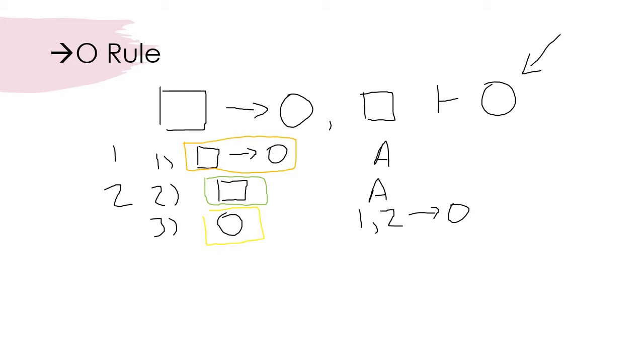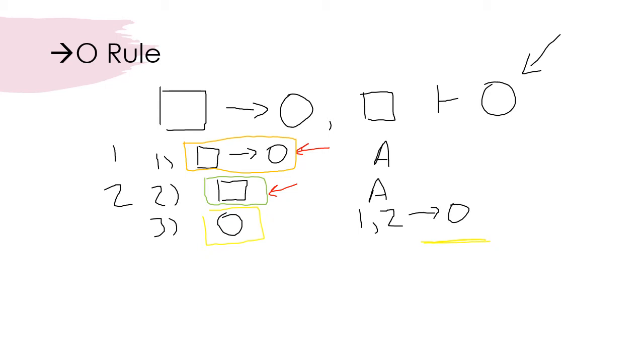So when we do a proof like this one, it has two different pieces that you need. You need the arrow statement, the conditional statement itself here, and you need the antecedent or left side of the arrow here. And if you have those two pieces somewhere in your proof, you can go ahead and separate the circle from the arrow by doing arrow out and citing the two places where our pieces come from.